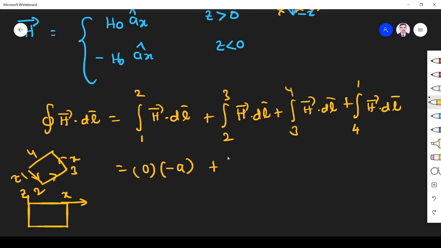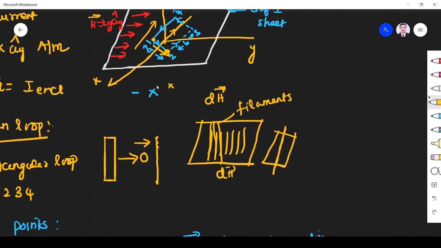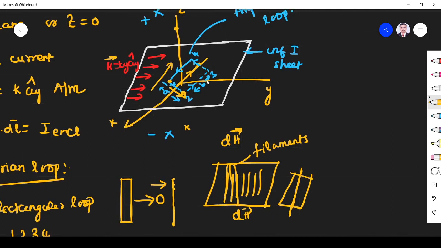Next, plus 2 to 3. From 2 to 3, you can see that in the loop the length dl is going along minus x. This is plus x, but the arrow is going opposite to plus x. So dl is minus b, along the x axis.